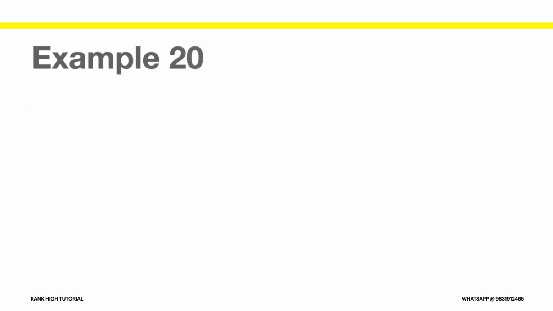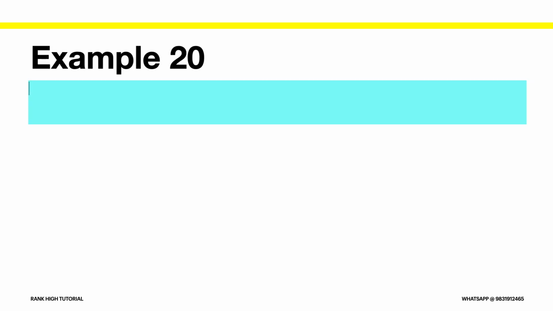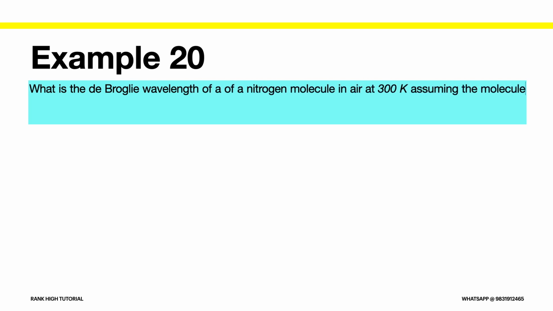Example number 20. What is the de Broglie wavelength of a nitrogen molecule in air at 300 Kelvin, assuming the molecule is moving with the root mean square velocity of molecules at this temperature?